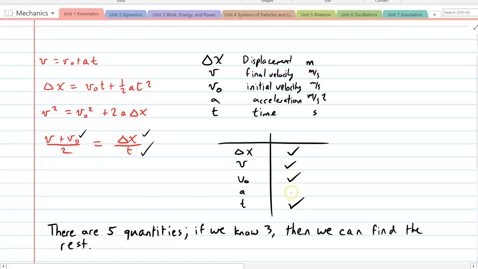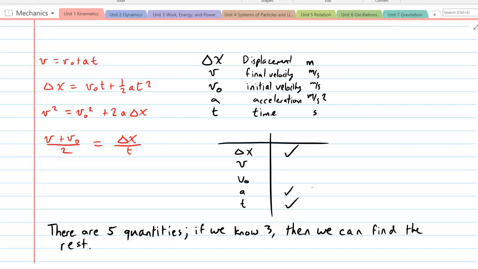And then let's see if I can find A, right? We have 4, so we can for sure use one of them to find A. Let's use this one. This one's probably the easiest one to use to solve for A. So then I can find all 5, right? Let's do another thinking thing about it. So let's say I know this one and this one. I don't know anything about the velocities, but I do know about position, acceleration, and time.